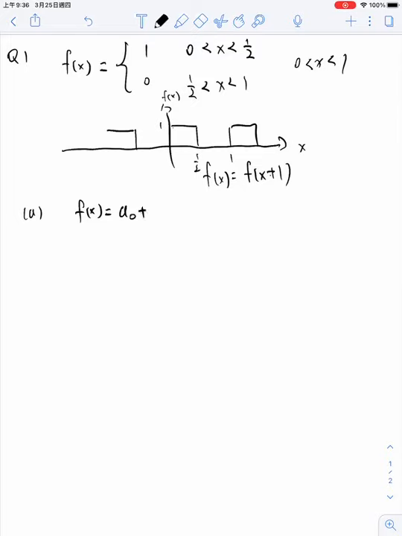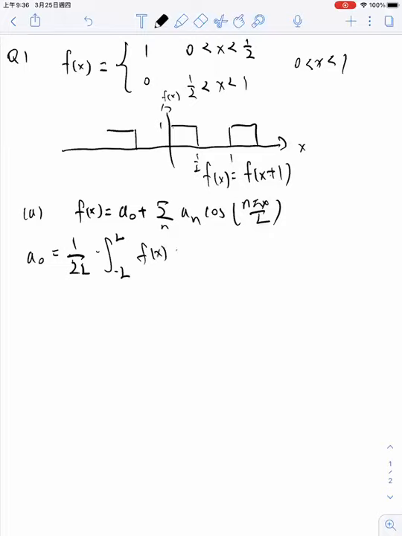It has a constant coefficient plus a summation of cosine functions. And the equation for a naught is this: 1/2L times the integral with upper bound L and lower bound negative L, and what is inside the integral is the function.